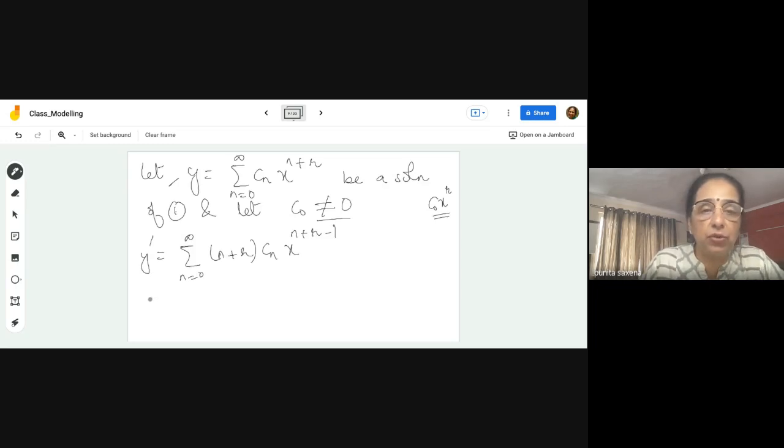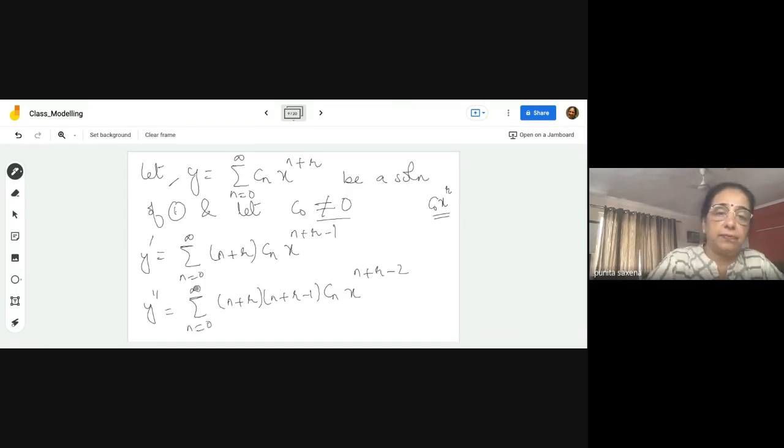Similarly, my y double dash will be summation (n plus r)(n plus r minus 1) C_n x to the power n plus r minus 2, n from 0 to infinity. Now, we don't have to bother about the C naught being non-zero.